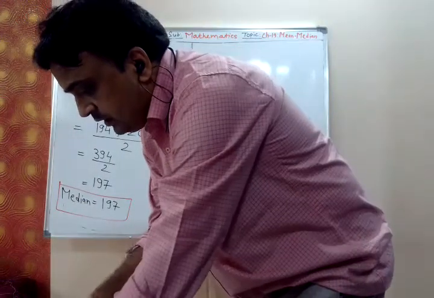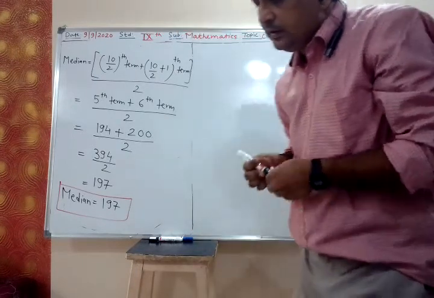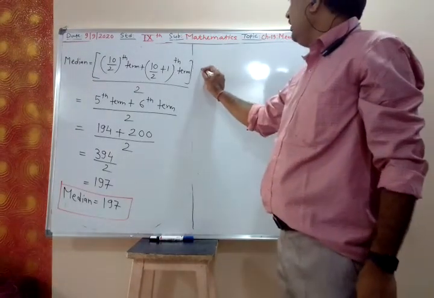Now second, the following data have been arranged in the ascending order. Very good. So ascending order is already given.